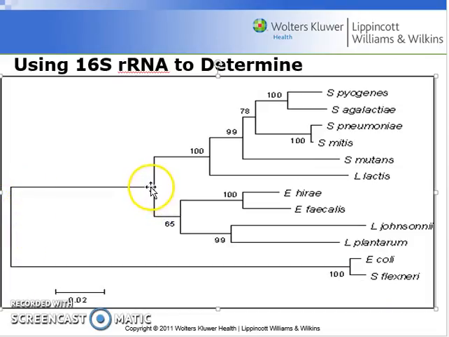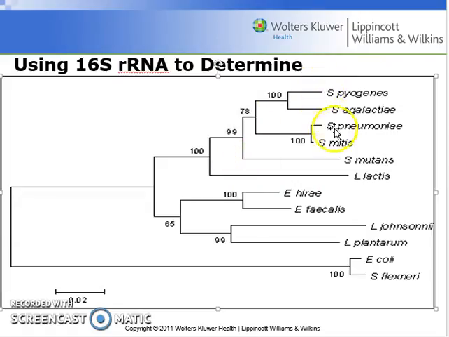Anytime you see an intersection here, here, here, and here, what that means is that you have a common ancestor between this group here and these groups down here. The common ancestor has diverged at some point on the cladogram, and it gave rise to two other lineages.